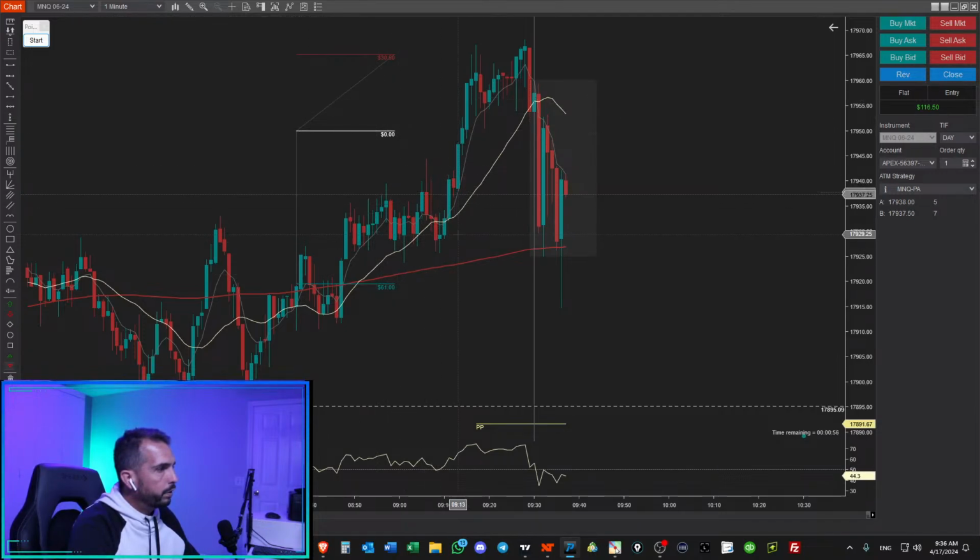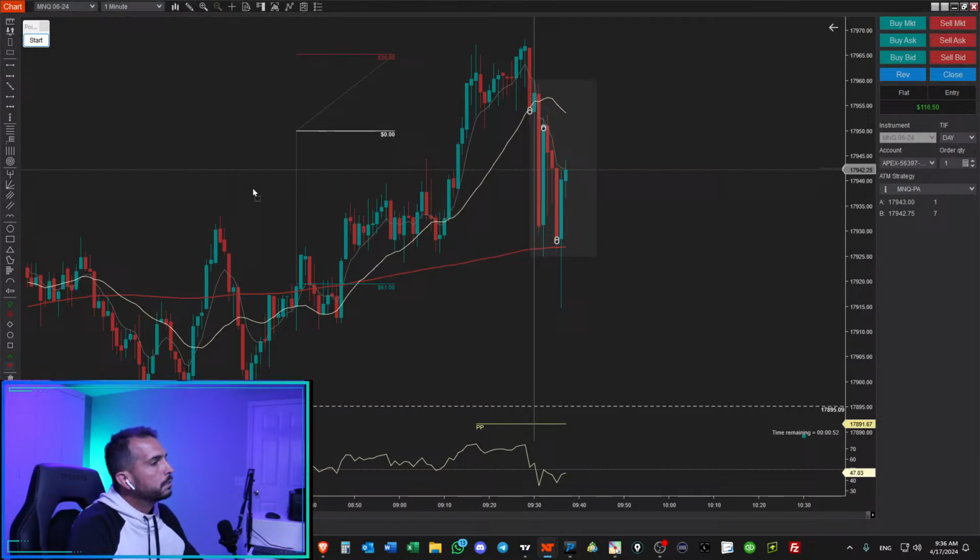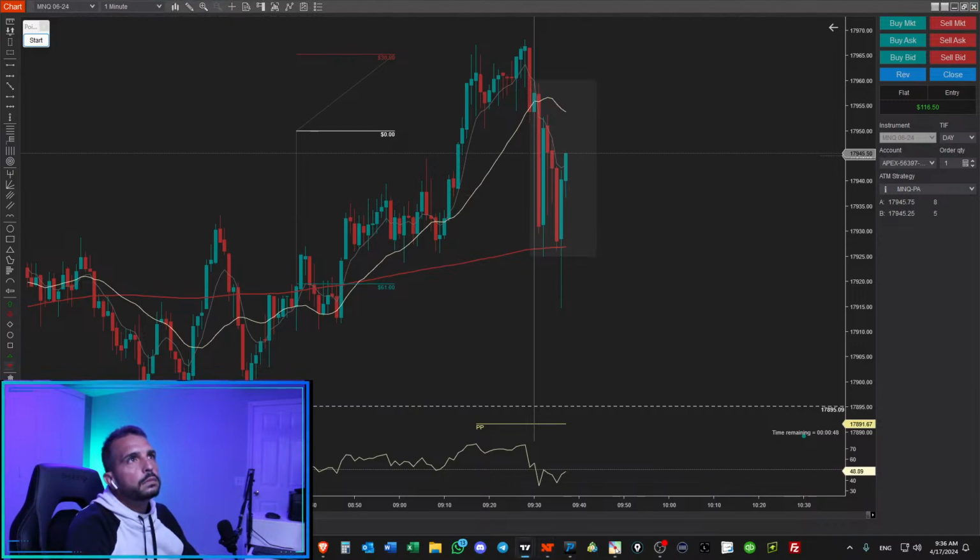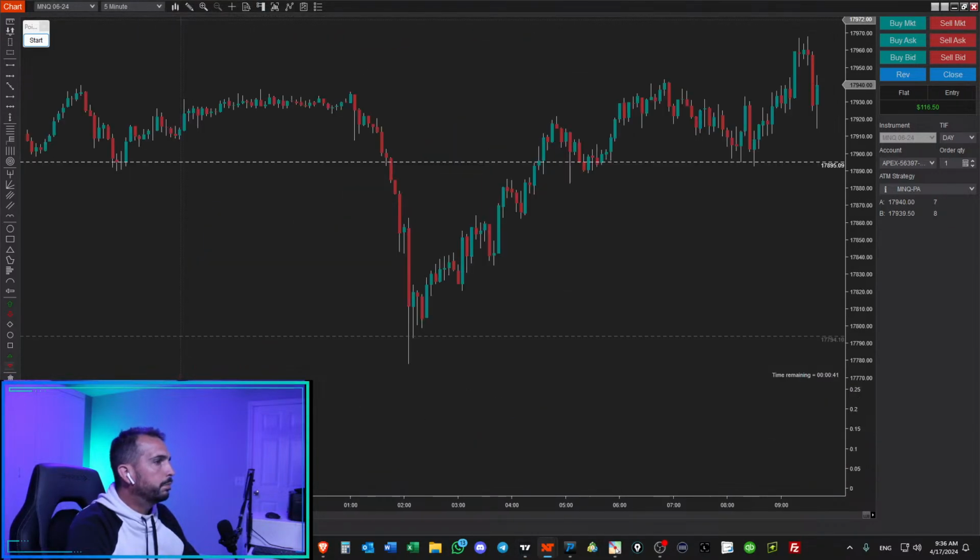My original entry would be here. If you look at the 5-minute candle, it's a pretty bullish candle.